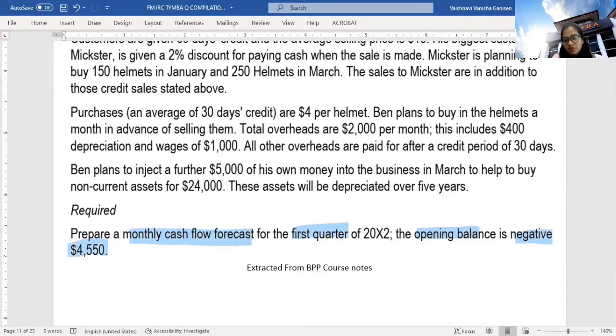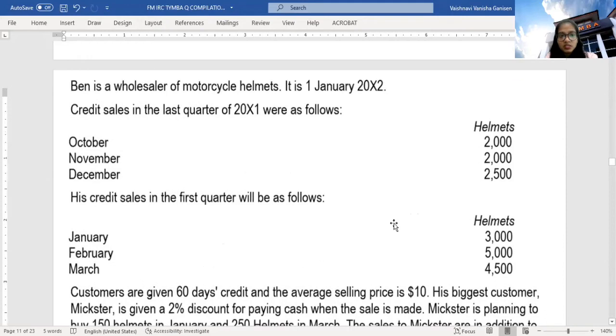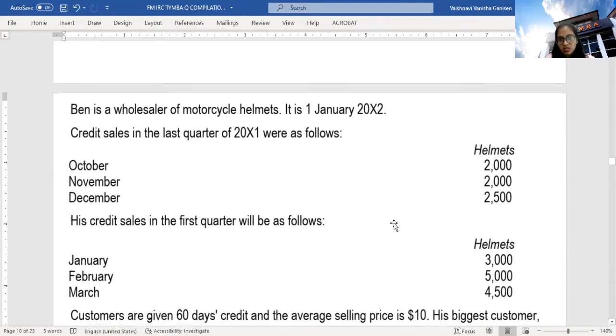Now guys, you must be very clear when you do this question, because when you do a question relating to cash flow, it is extremely important that you calculate the cash flows properly by only using cash flows and by properly incorporating the timing of your cash flow.